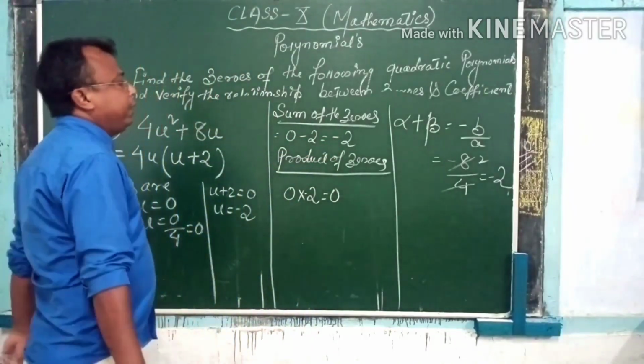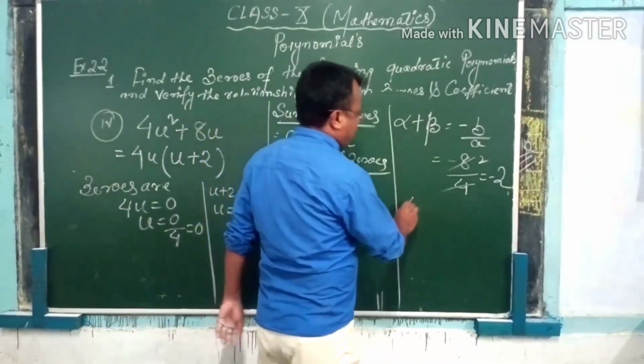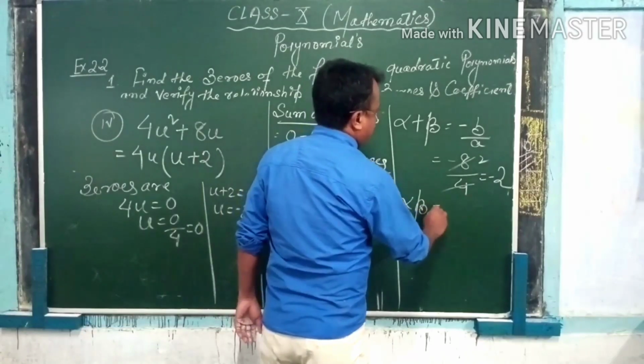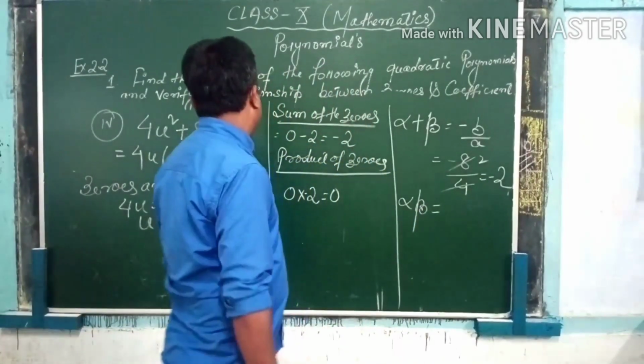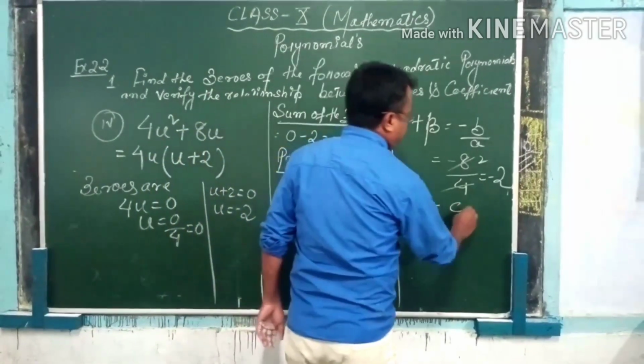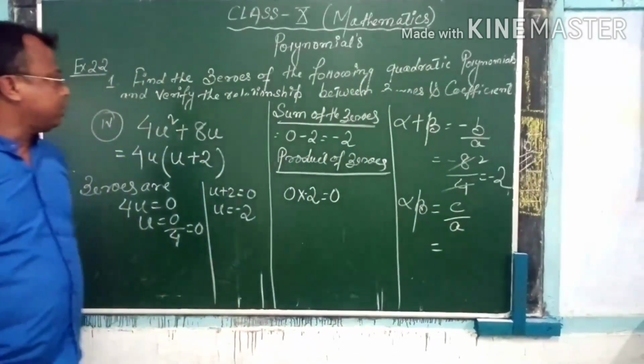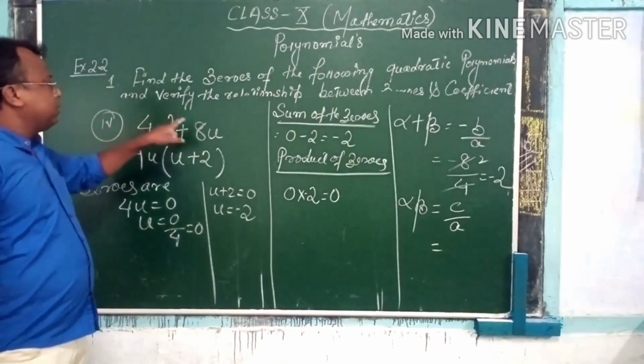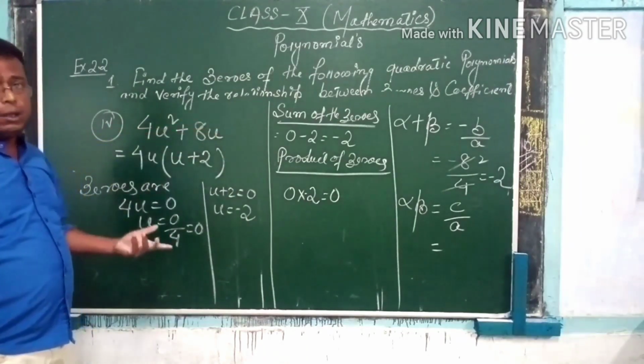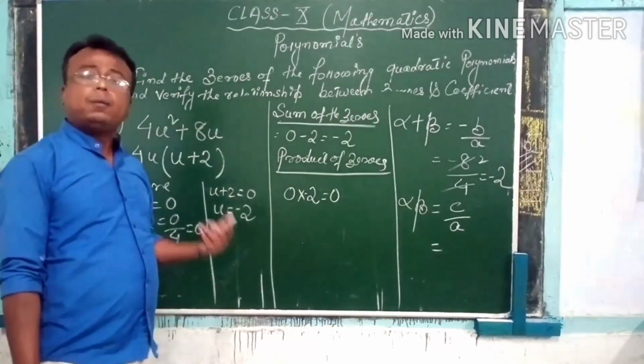Okay. Now again, product of the zeros, alpha beta. What is the product of the zeros? c by a. Now you see in this question, this is a, this is b and this is c. c is missing.